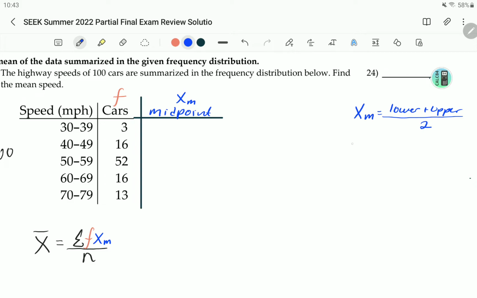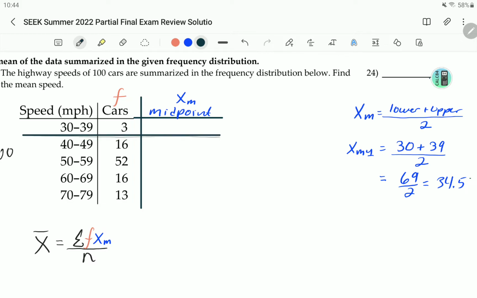So let's find the midpoint for the first class. The lower limit is 30. The upper limit is 39. Divide that by 2. 69 divided by 2 is 34.5. So we're going to put 34.5 in the place of the first midpoint.